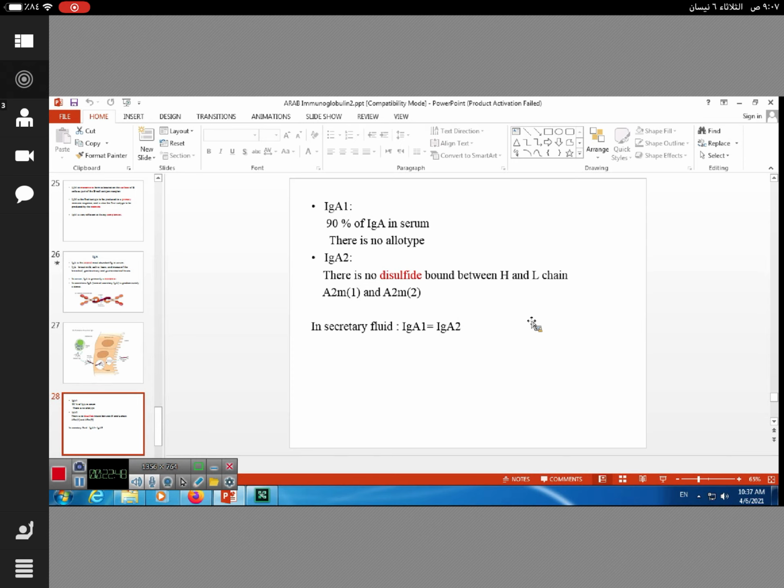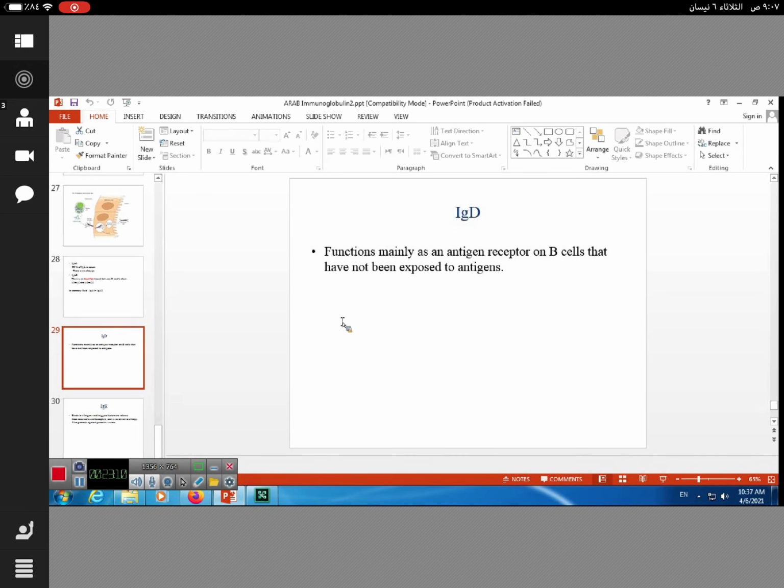In secretory form, IgA1 and IgA2 have the same concentration. In serum, 90% is IgA1, but in secretory fluid, IgA1 and IgA2 have the same concentration.